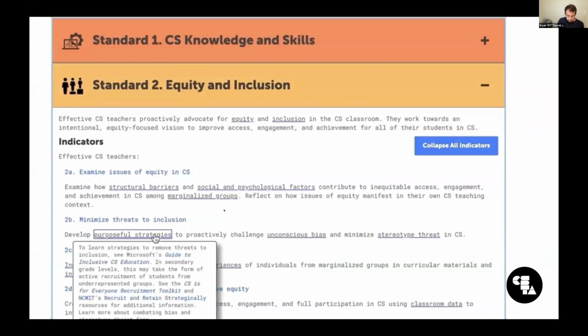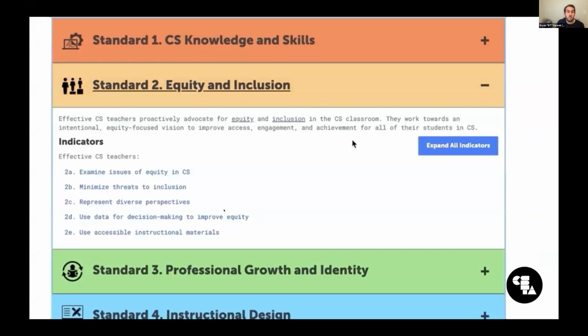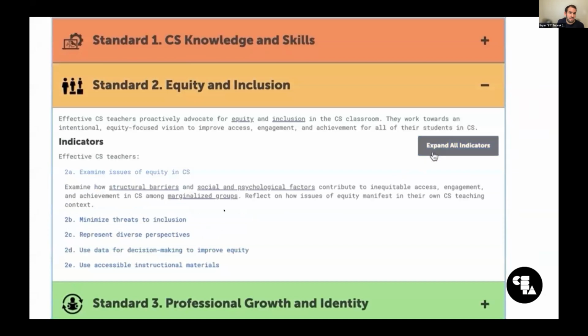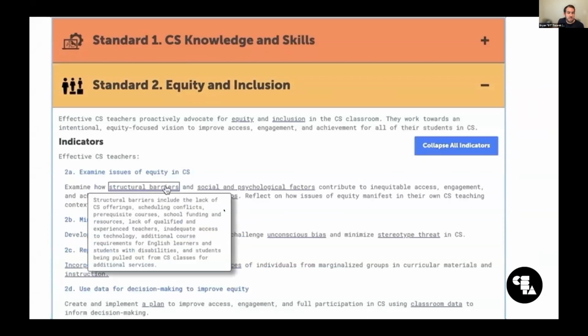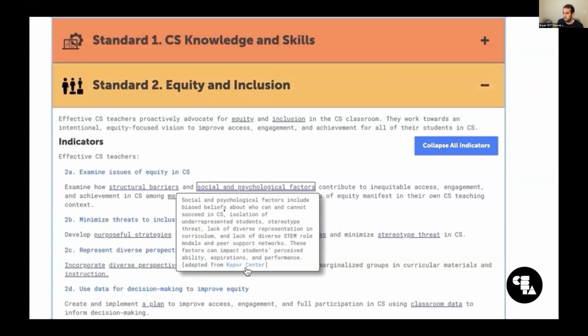And so Dr. Ladner is going to be talking about accessibility and how we can make accessibility more of an integral part of our programs. And that aligns to indicator 2E about using accessible instructional materials.